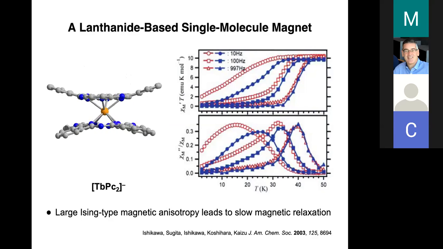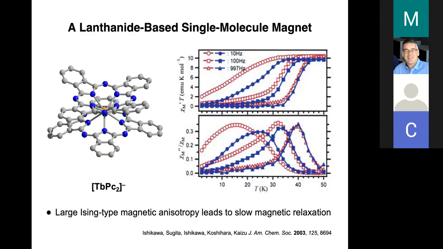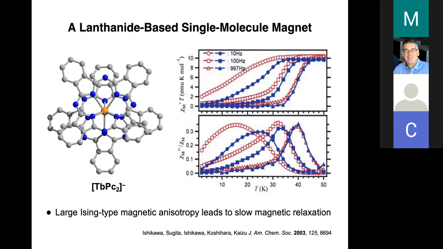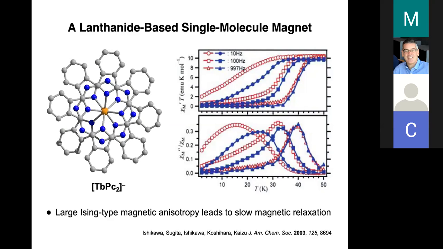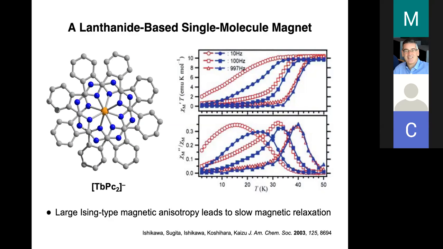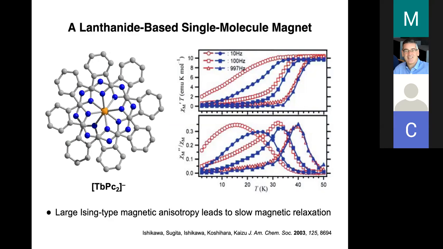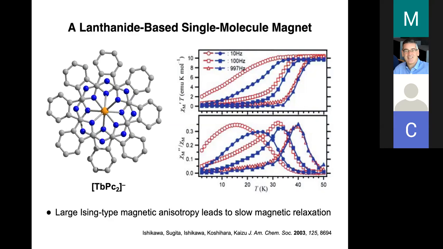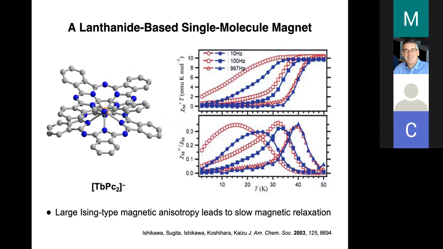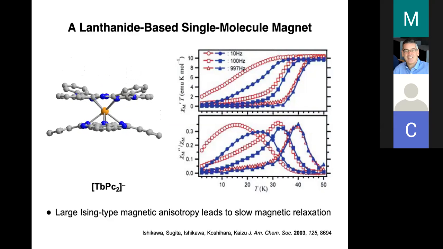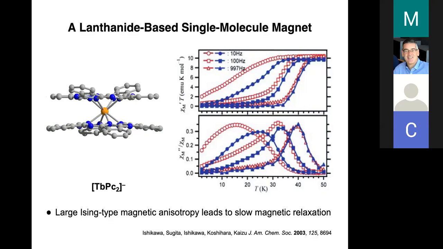What was not exciting was that this molecule, unlike manganese 12, didn't show magnetic hysteresis. And that's because in a lot of these single metal ion complexes, tunneling through the relaxation barrier can be dominant. That's true of many, but as we'll see, not all single lanthanide ion complexes.